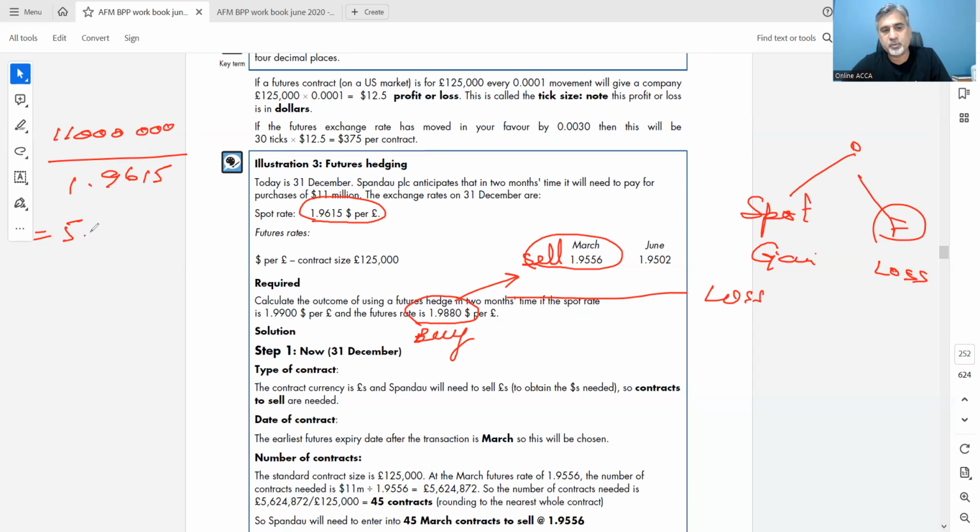So 5.61 million. You need 5.61 million sterling. You needed it on 31st of December. 2 months later, when the time of actual payment comes, the price of the dollar has become 1.990.